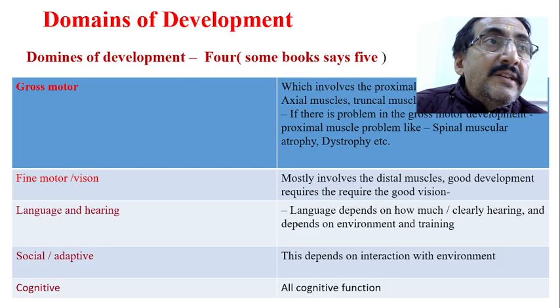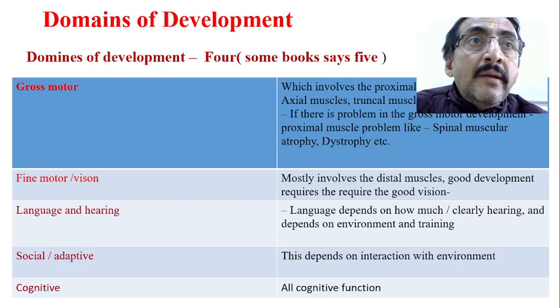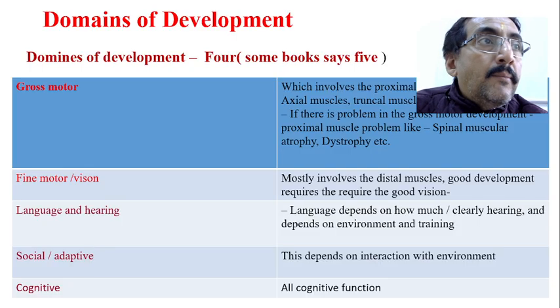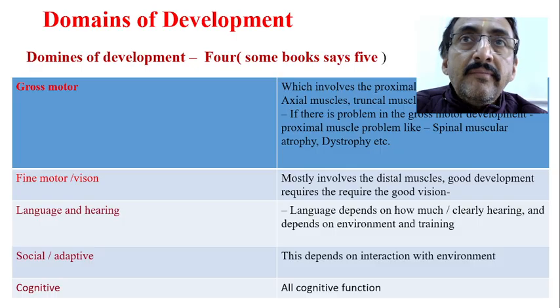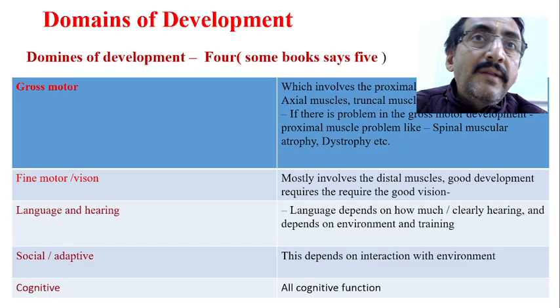So whenever vision is affected, maybe because of involvement of the optic nerve or otherwise, mostly we will have loss of fine motor domain milestones. So the fine motor domain is related mostly to the distal muscles and all fine motor movements, and this is very important for the proper development of vision, and also for some of the acoustic muscles, that is, the muscles of the ear.